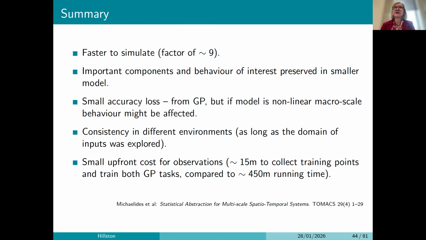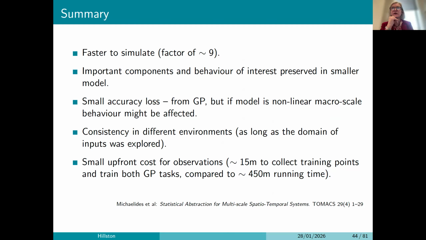So in summary, it's much faster to simulate. The important components and behaviours are preserved. There is a small accuracy loss because of the way we do our Gaussian process classification. But if the model is nonlinear, for our case, it wasn't too bad.